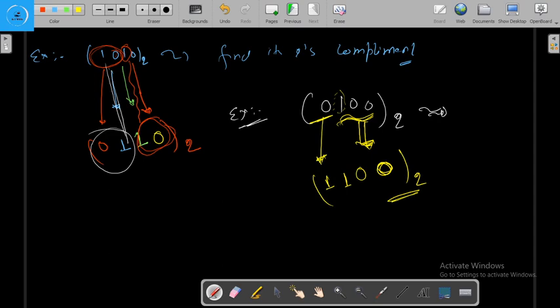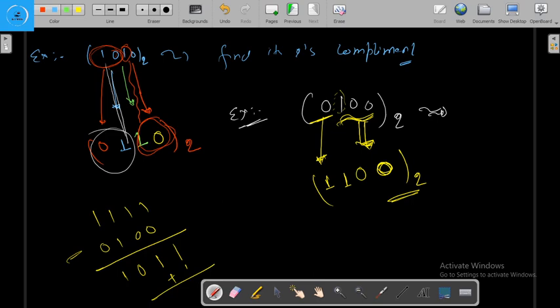Let's check it. First write 1111, then subtract 0101, so it will be 1010, and we add plus 1 to the LSD.